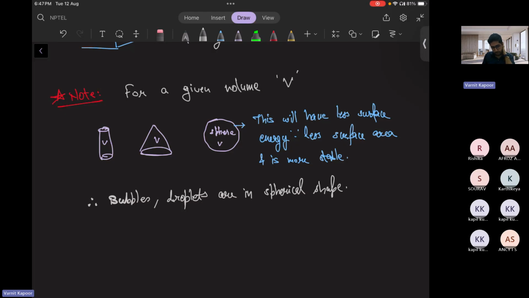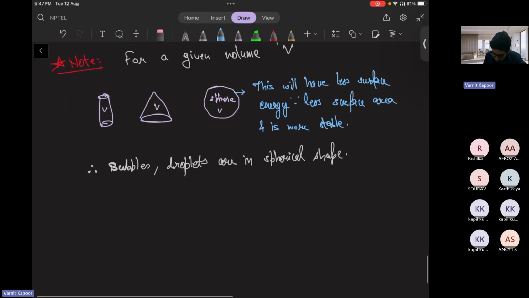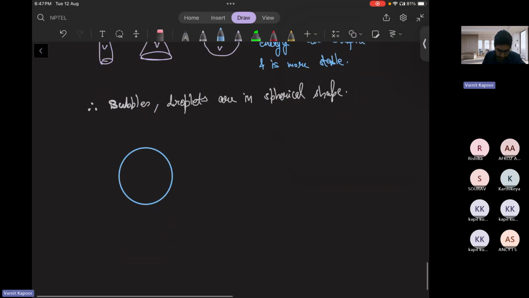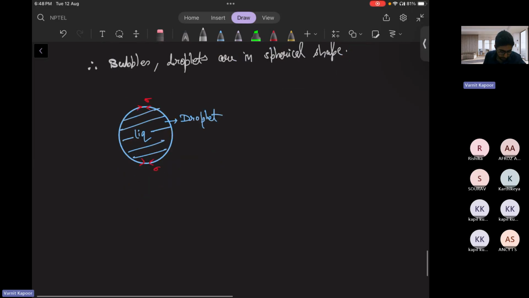All right. So a liquid droplet has energy. Suppose this is a liquid droplet. Surface tension will be acting on the surface, sigma, sigma everywhere on its circumference.